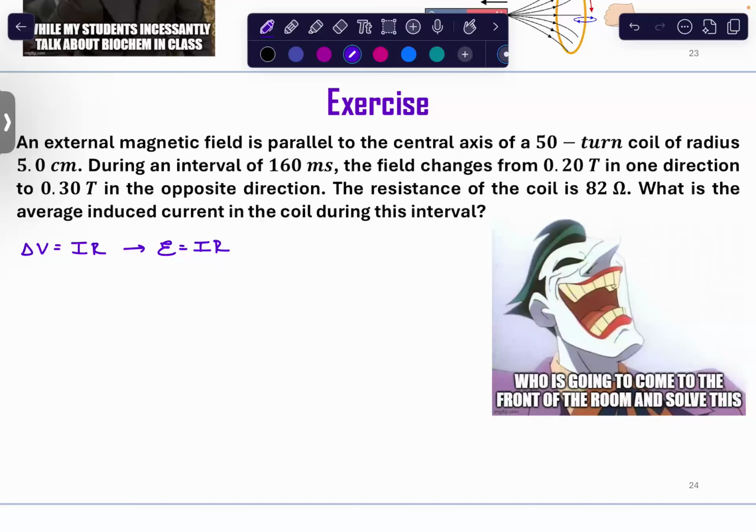Okay, so this means that the current we're looking for is an average, so we're just going to go for that absolute value.